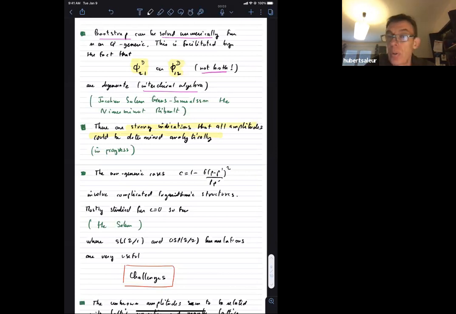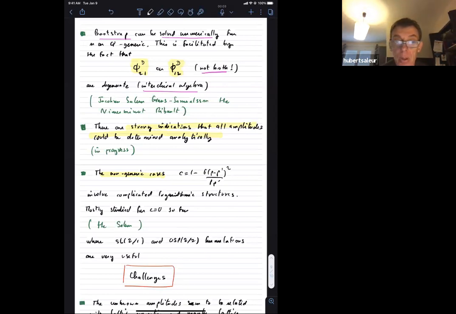This is all for the generic case. So what is non-generic? Well, non-generic is the case where the central charge is given by the old non-unitary values, 1 minus 6 (p minus p prime) squared over p p prime. In this case, the underlying quantum group representation becomes non-semi-simple, and it's a mess.